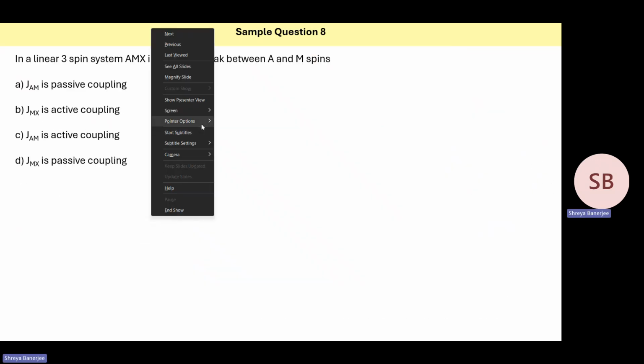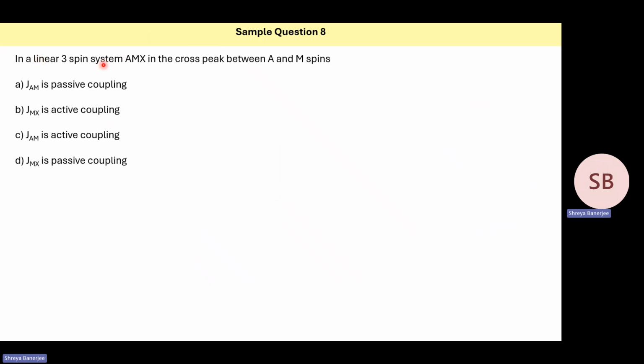Now it is asking that in a linear 3-spin system AMX, in the cross peak between A and M, what is active coupling, what is passive coupling?